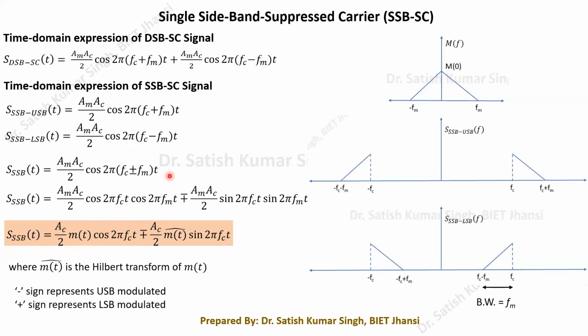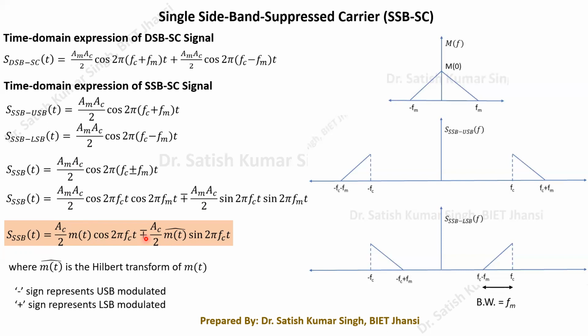I said that plus sign represents the upper sideband and negative sign represents the lower sideband. But once we expand this expression, this plus sign will convert into a negative sign. Therefore I'm saying that this negative sign in this expression represents the upper sideband, and this plus sign represents the lower sideband. Fine. So this is how we identify whether it is upper sideband modulated or lower sideband modulated.